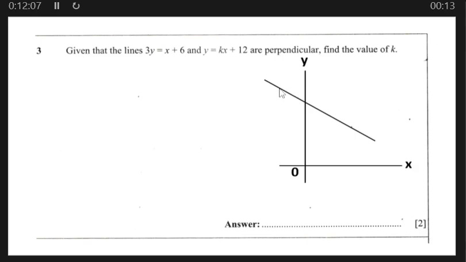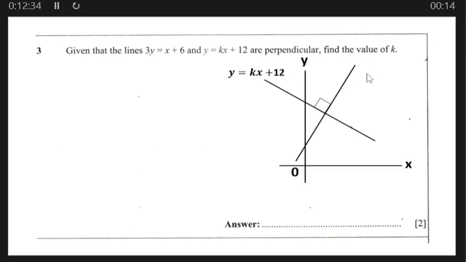So if this one is intercepting the y-axis at 12, and this one at 6, and these lines are perpendicular, then it means this line is going downward like this. So this straight line by this equation here is going like that. Then this one is going like that. So this one must be perpendicular like this, meaning when these two lines cross each other, the angle they make between themselves is 90 degrees. That's what it means to be perpendicular.